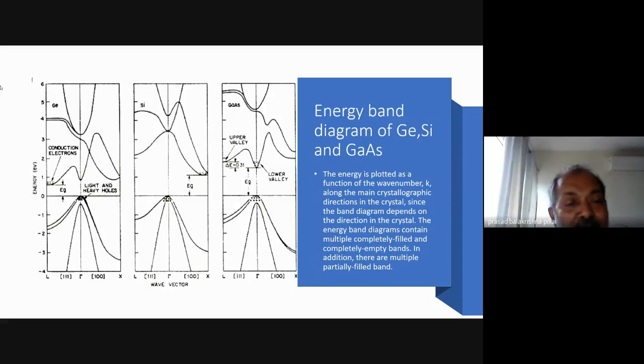There are other minima and maxima also, at higher energies, but forget about that. Generally we talk of the first band gap, that is the energy difference between the conduction band minima and the valence band maxima. Along the x-axis you have K and the y-axis is the energy. For germanium and silicon, you see that it happens at different values of K.